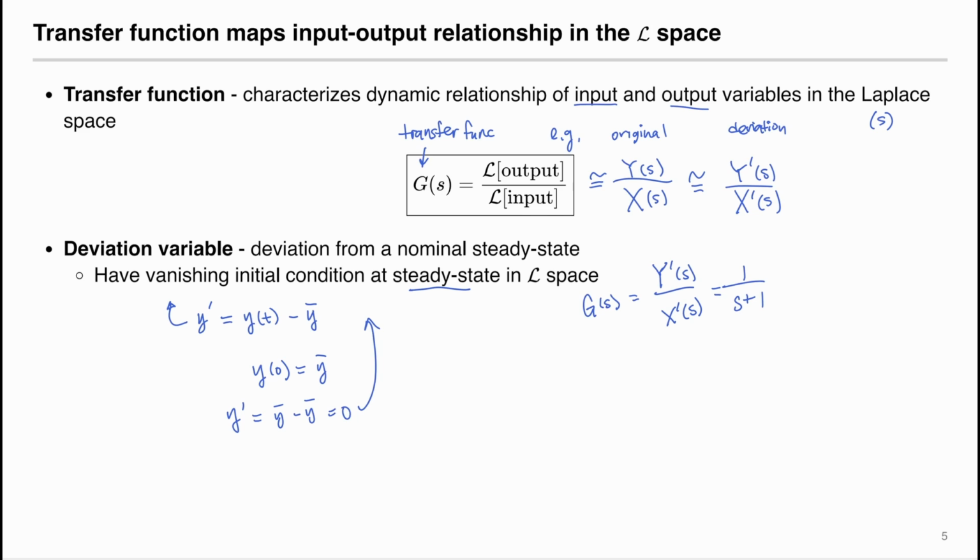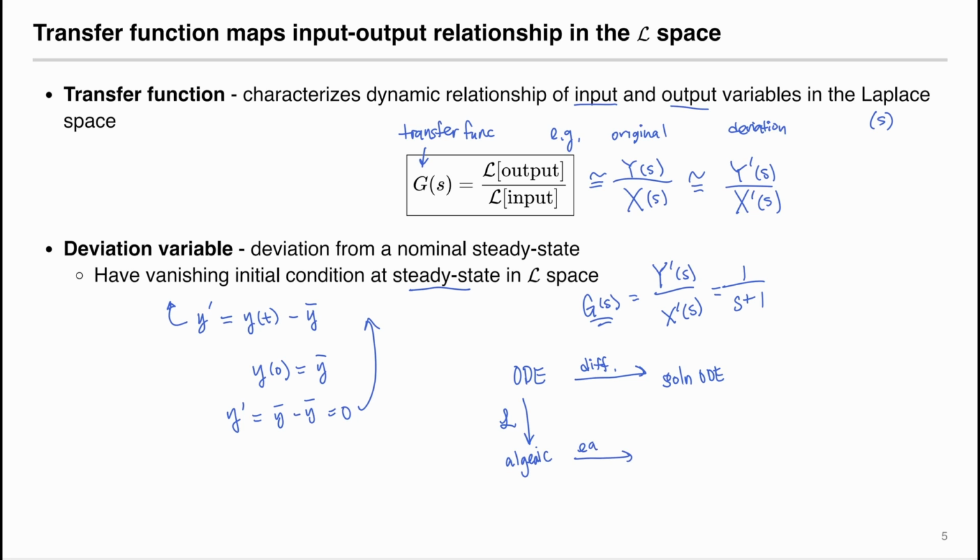So we have transformed that ODE into a transfer function that describes the relationship between the input and output in the Laplace space. Recall before that we have a difficult ODE to solve, and to go from ODE to its solution, we take the Laplace transform of the ODE that gives it into the Laplace space, to an algebraic equation.